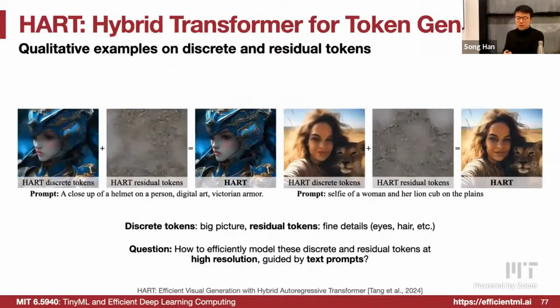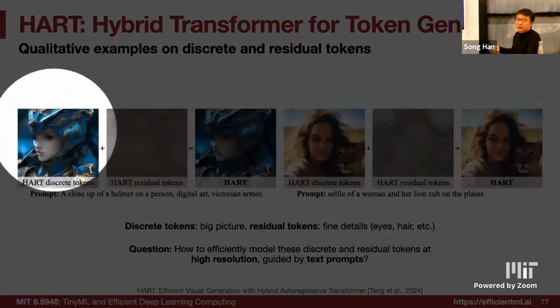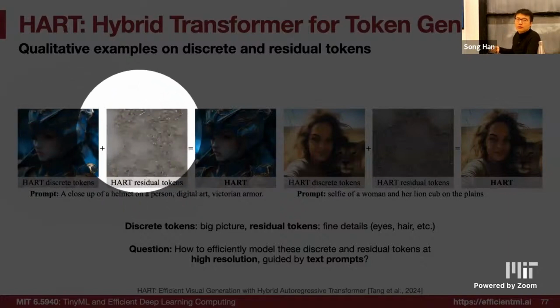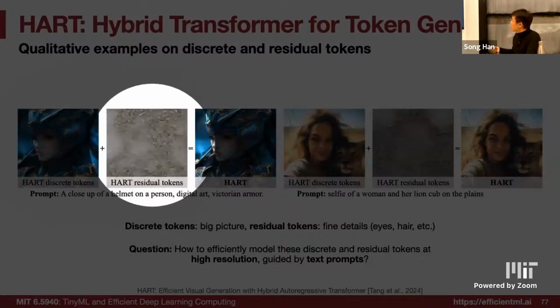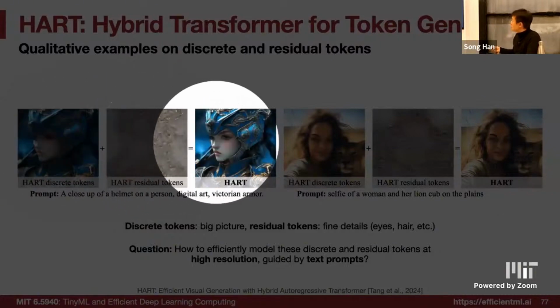And let's try to see what we are learning from the discrete token, which is basically the big picture, versus the residual token. This is learned by a very small diffusion model. We can hardly tell, but it's roughly the fine-grained details.